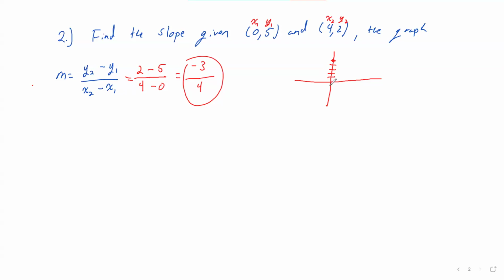And then how do I graph 4, 2? Good. And then just connect those two points to make a line. All right, we're good there so far.